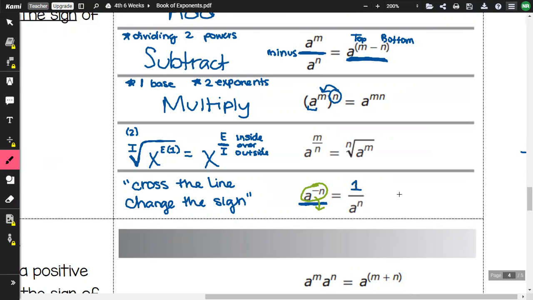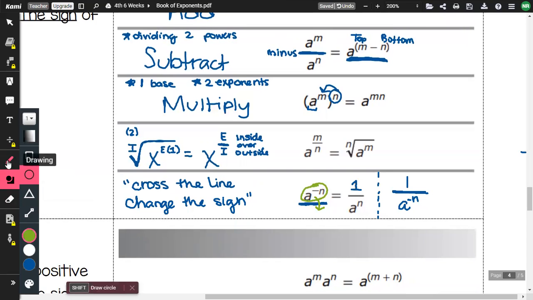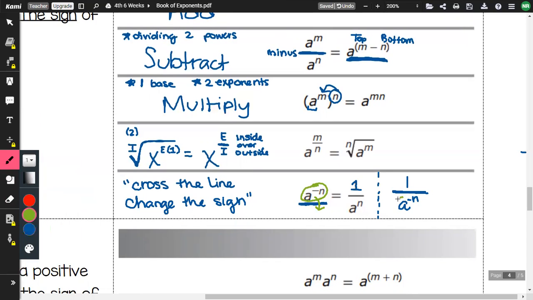Anyway, I'm going to split it. What if I have 1 over a to the power of negative n? What if my negative exponent is at the bottom of the fraction? What do I need to do? You move it up. Find any power, just the power that has a negative exponent.